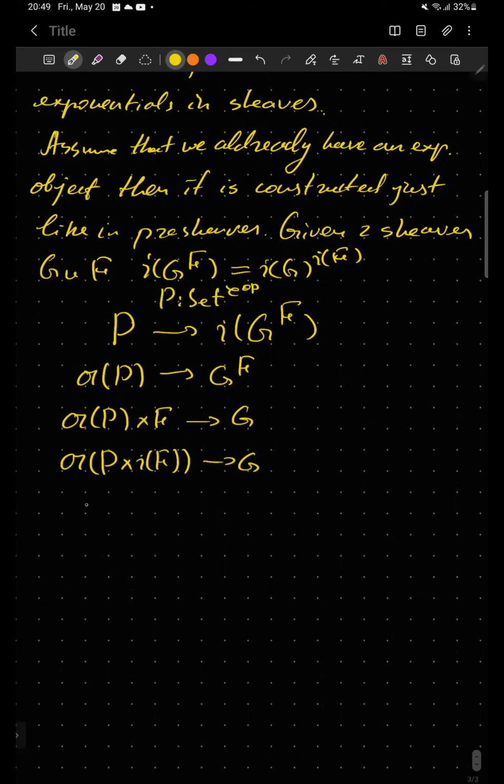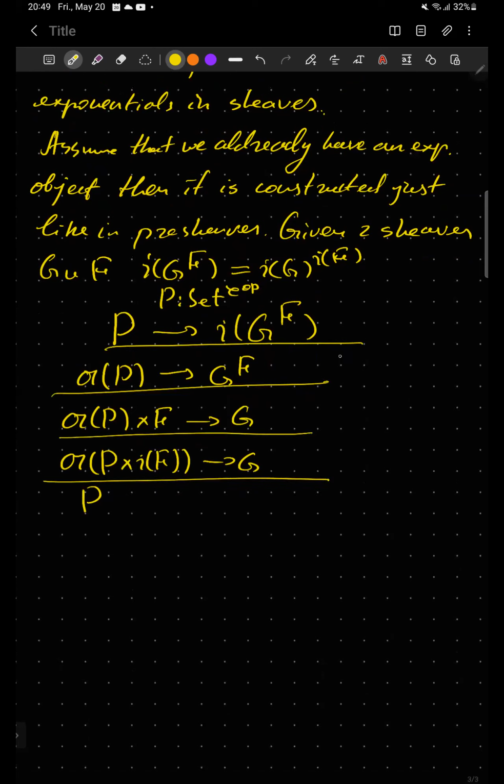Now we once again apply adjointness. So all the levels of this diagram bijectively correspond to each other. Because of adjointness, we have the following.